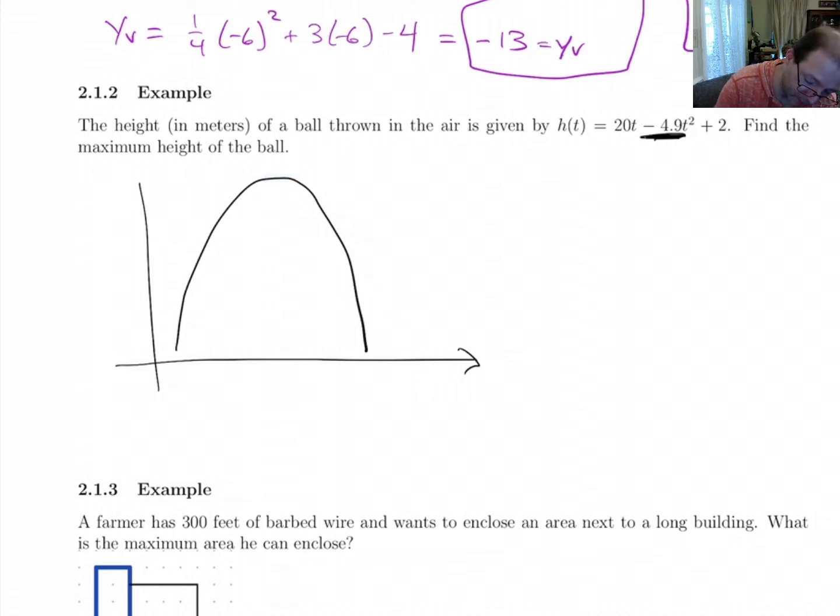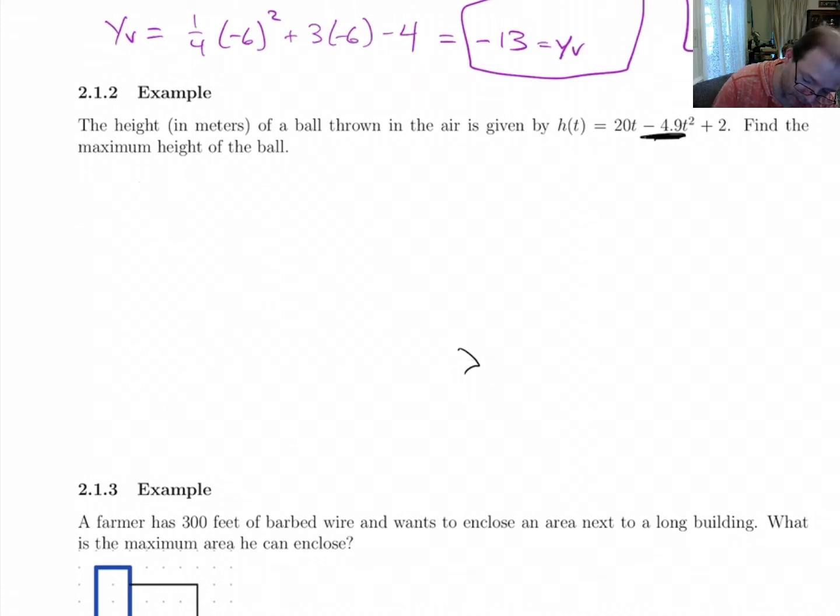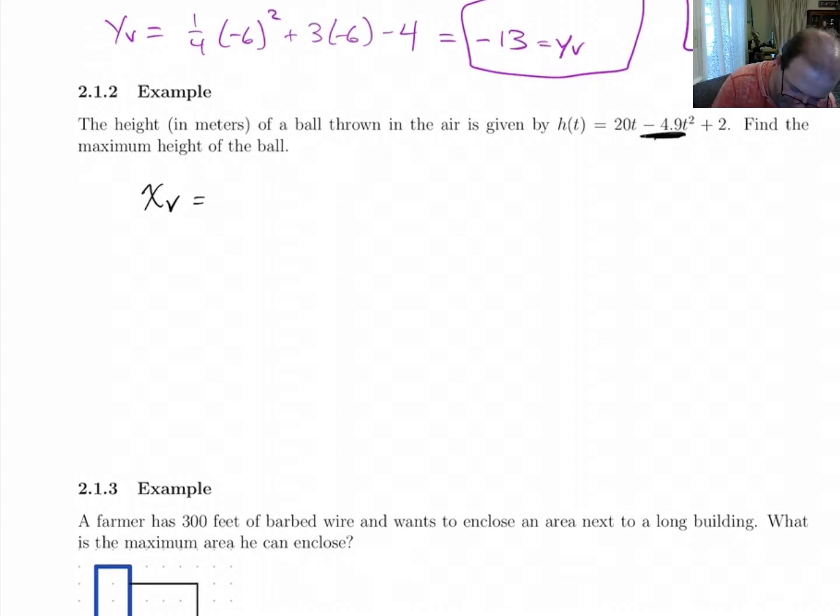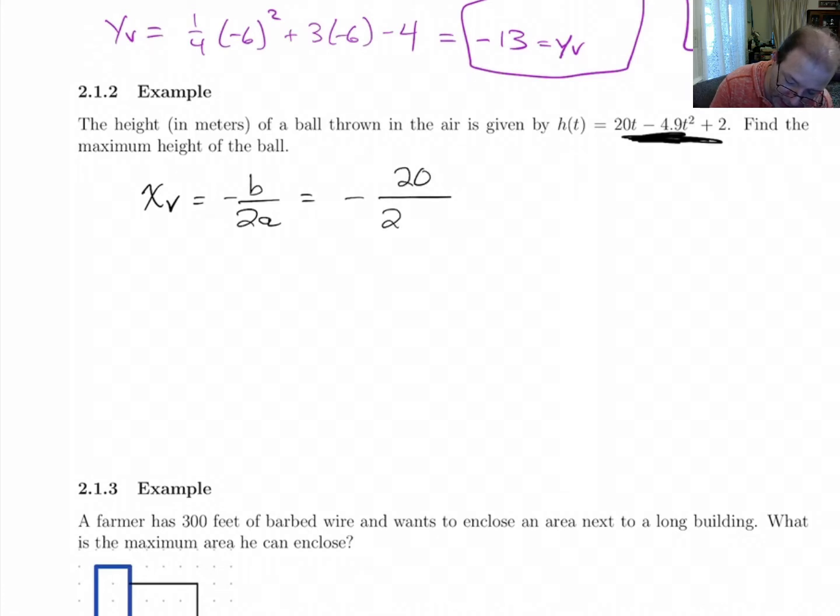So let's find that. All right, xv. In this case, maybe I should call it tv, but I'm still going to call it x. It's minus b over 2a. These are out of order over here, but don't let that mess you up. B in this case is 20, and a in this case is negative 4.9.